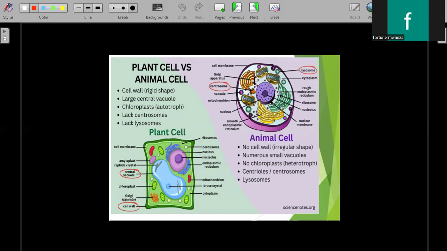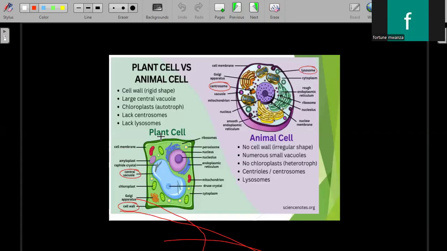The plant cell will have a very large vacuole, while in the animal cell you have small vacuoles. The plant cell will have chloroplasts, which are involved in autotrophy, and you know that is how plants obtain their own food, isn't it? In an animal cell, you won't find chloroplasts.